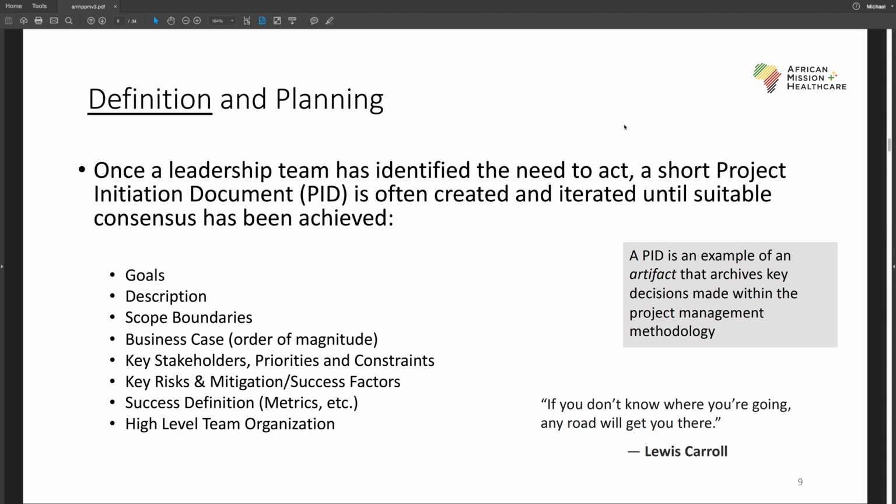So we might say that we're going to have a project to get a field ready and plant maize. And success might be getting the field ready and growing maize and seeing maize plants grow. But a more detailed metric would be what volume of maize do we hope to harvest from the land?